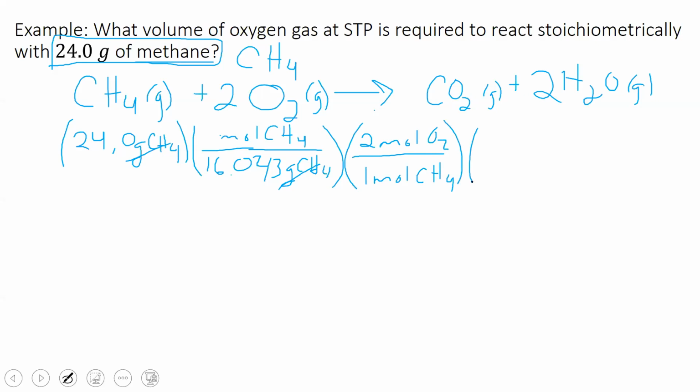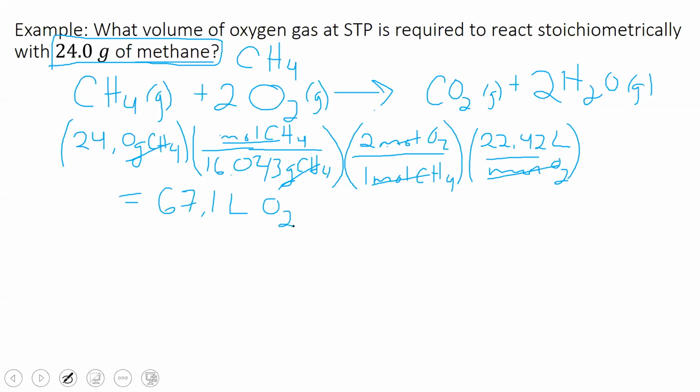And then to figure out the volume, we just utilize that standard molar volume, 22.42 liters per mole of O2. So our units will all cancel out. We'll be left with a volume at the very end. And if you do that calculation on the way through, you should get 67.1 liters of O2.